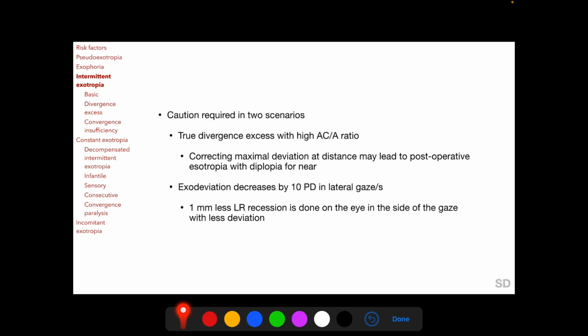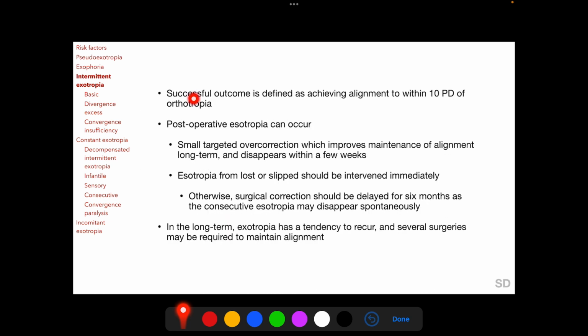And in patients in whom the exodeviation in primary position decreases by 10 prism diopters or more in either or both lateral gaze positions, 1 mm less LR recession should be done on the eye in the side of the gaze with less exodeviation. Successful outcome of surgical correction of exodeviation in intermittent exotropia is defined as achieving alignment to within 10 prism diopters of orthotropia.